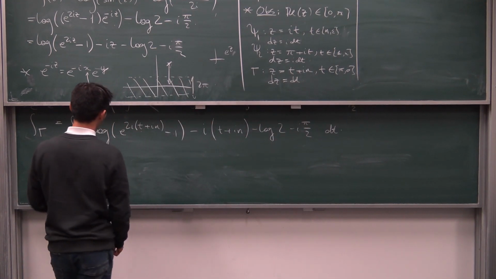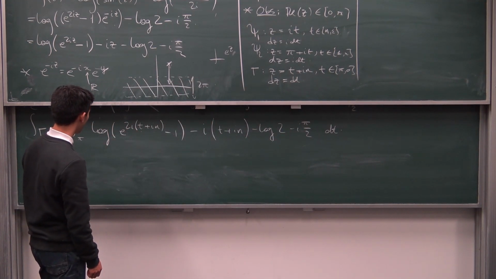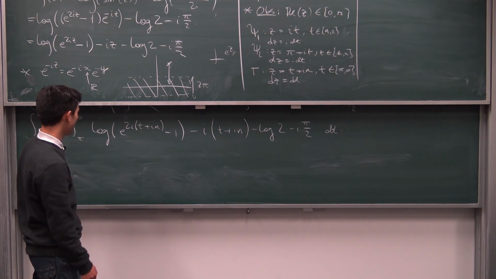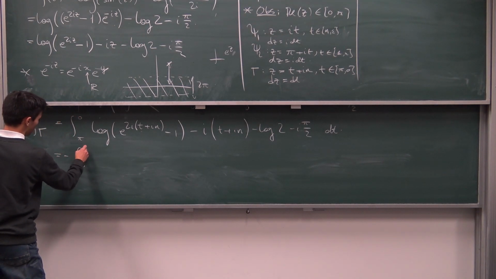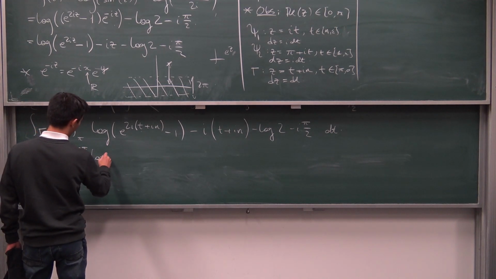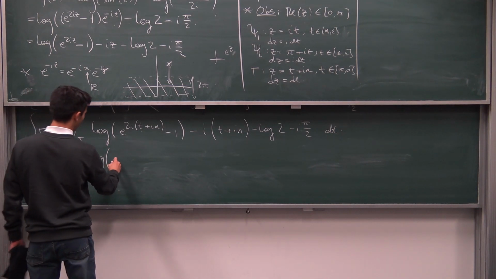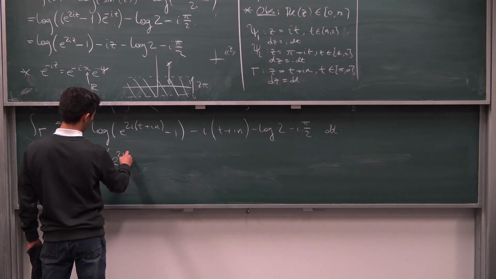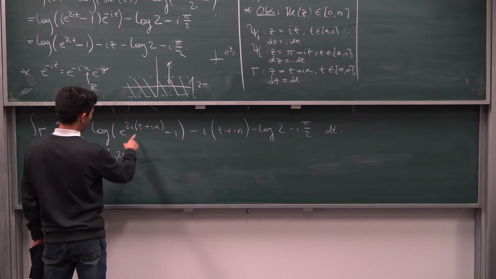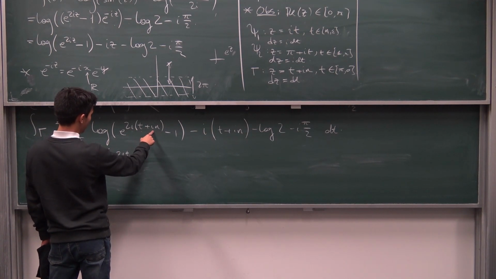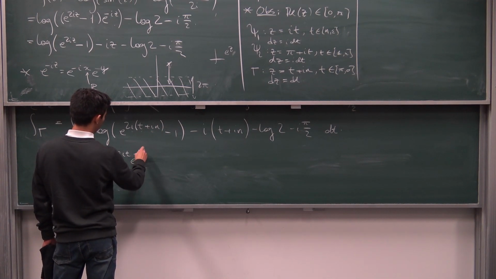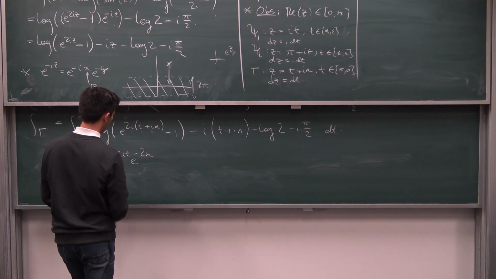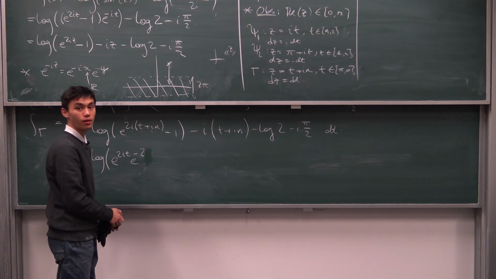Hopefully that is right. So first of all, we can split up this guy, I guess. So what is that going to be? We have negative out the front, integral from 0 to pi. We have the logarithm of, let's expand out this guy here, that's e to the 2 times i times t. And then negative, so i and i, that's -1. So we have e to the negative 2n like so. And this is rather nice because n is going to infinity.